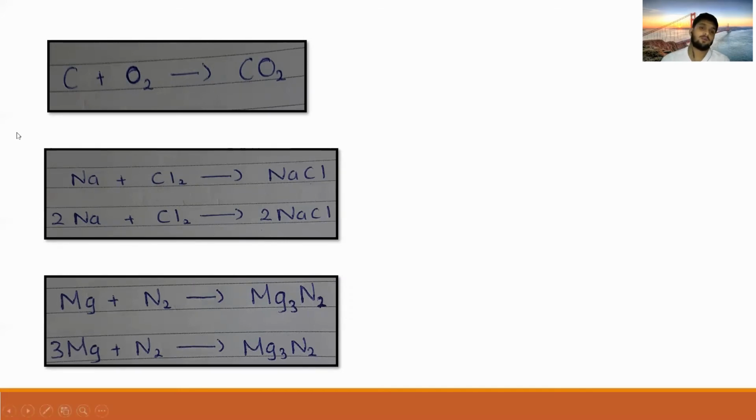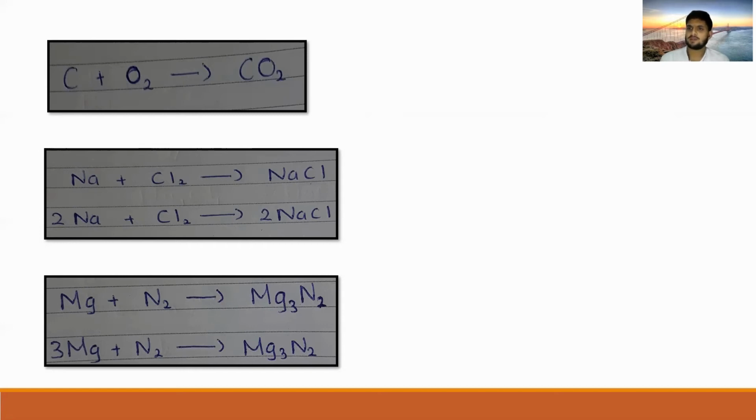Why do I say so? Let's see. On the reactant side we have one carbon. How many carbons are there on the product side? There is also one. How many oxygens are there? There are two oxygens here, and two oxygens there. So the carbons are balanced, the oxygens are balanced. What else to balance? Nothing. So you leave it as it is.